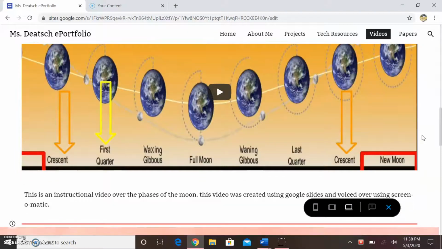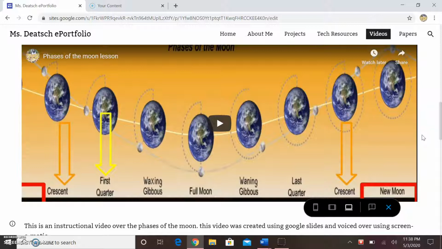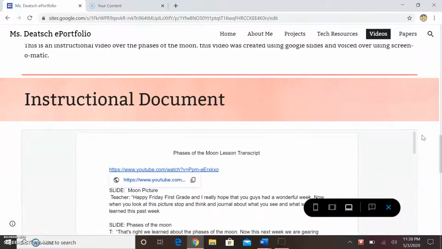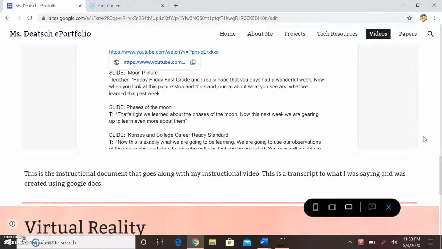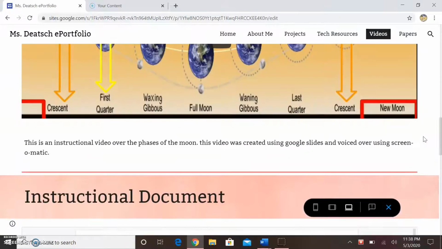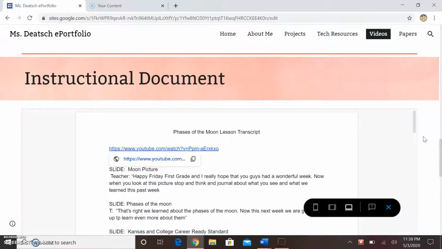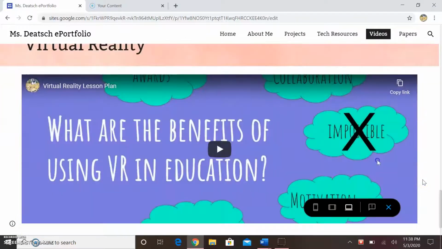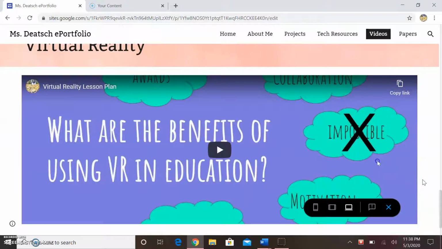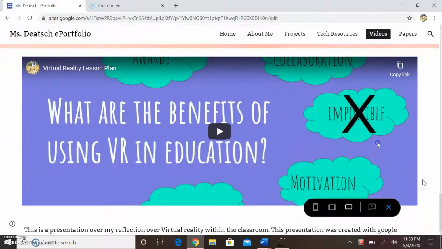It's basically an overview of what they learned and what they're going over again in the next week. And then I also have an instructional document for that instructional video. It's just a transcript of what is said. And then I have the benefits of virtual reality, which is becoming a hot topic within classrooms nowadays.